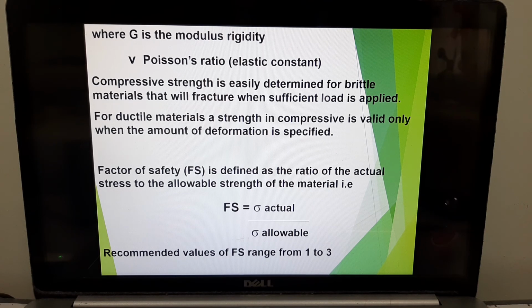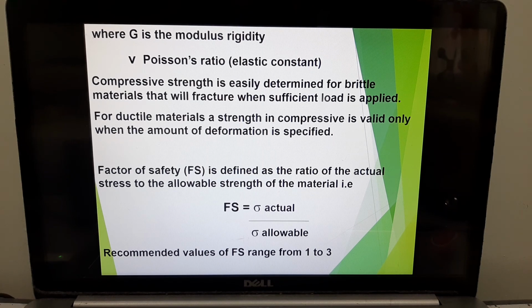And obviously, in the real engineering world, whenever you produce a material, you must be able to calculate the factor of safety. Factor of safety is defined as the ratio of the actual stress to the allowable strength of the material. So factor of safety is stress actual over stress allowable, and the recommended factor of safety range is from 1 to 3.